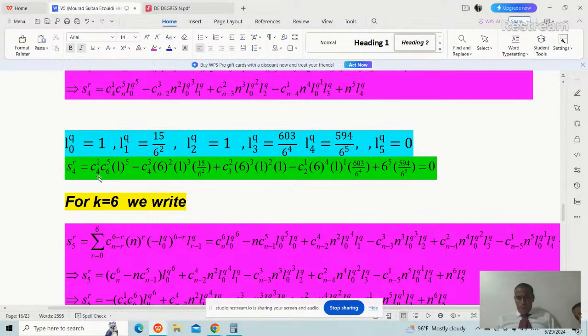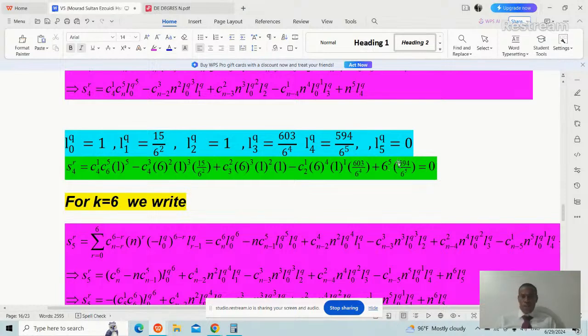It will be 4 times 6, 24, minus 4 times 15, minus 4 times 15, plus 3 times 216, minus 2 times 603, plus 500, correct.